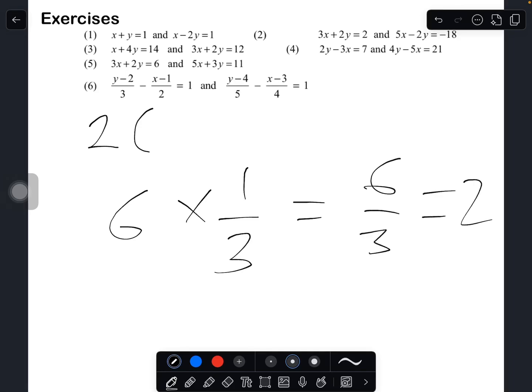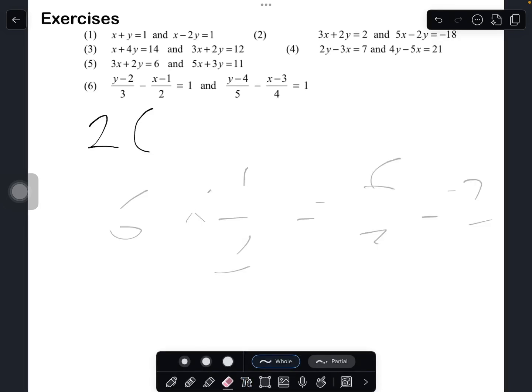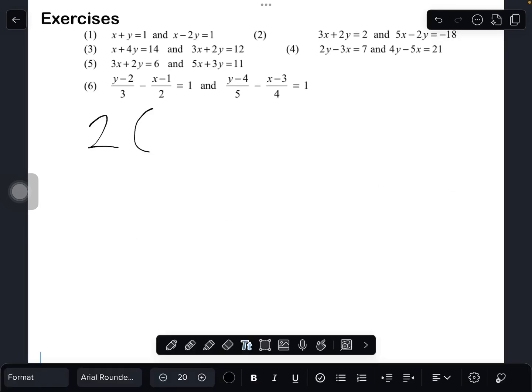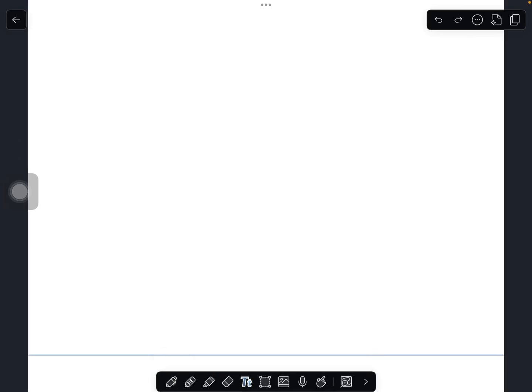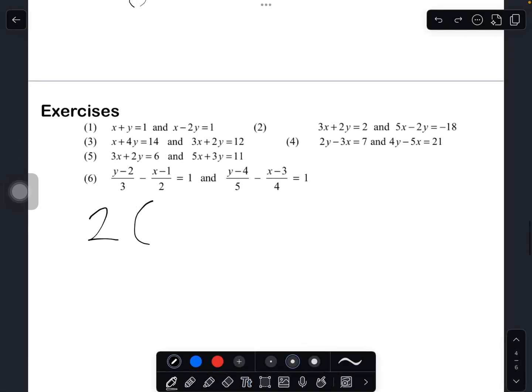So that's how I got the 2 on the outside.